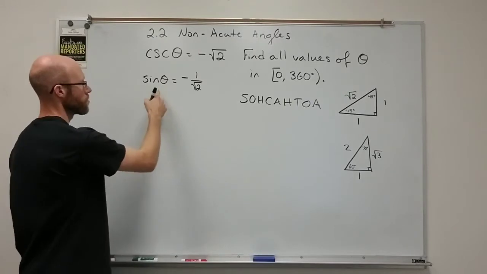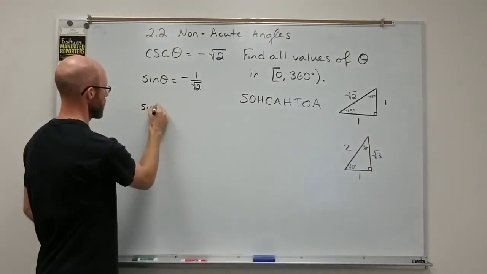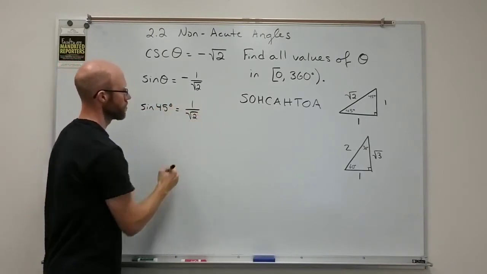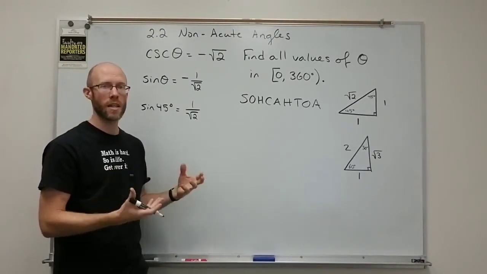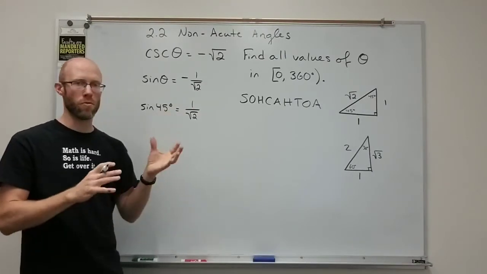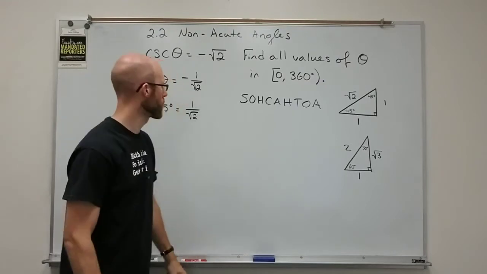And so that's going to be a 45-degree angle, that's the reference angle. So I know the sine of 45 degrees is 1 over root 2. So whatever angle I'm finding, it's going to reference back to a 45. So it's going to be some version of 45 degrees in the other quadrants.